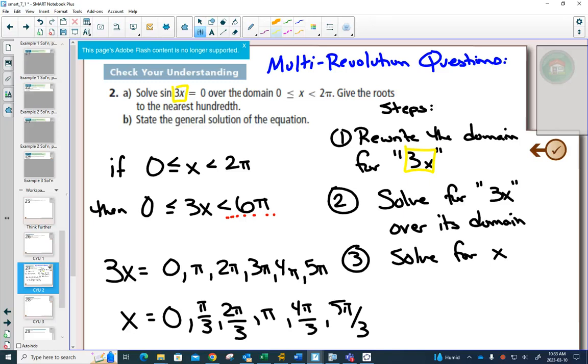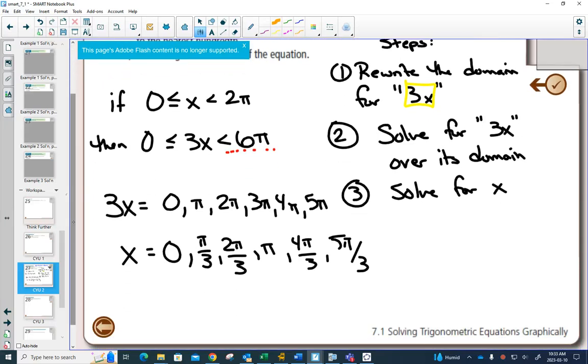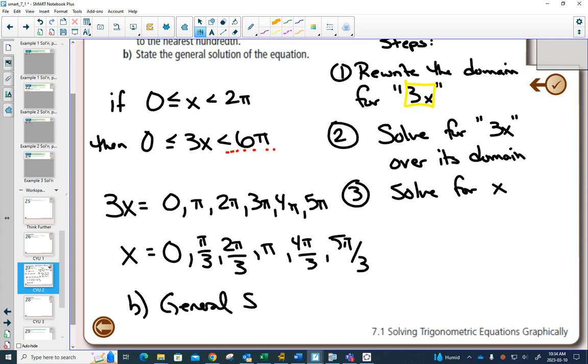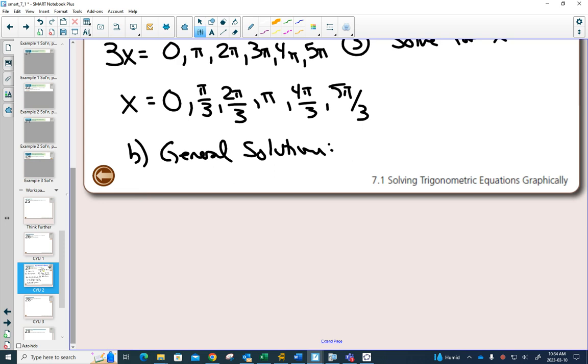Part B says state the general solution. Well, in part A, we just solved for x between 0 and 2 pi. Therefore, for the general solution for part B, our steps that we wrote down say, first solve between 0 and 2 pi. That was done.